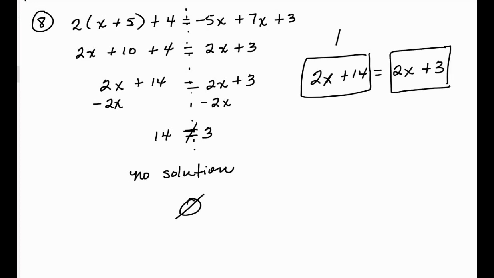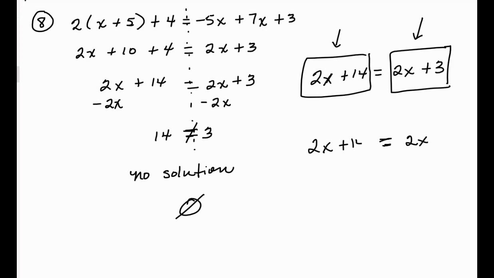On the left-hand side, this is saying I'm starting with 2x and I'm adding 14. And that's going to be equal to the same thing as starting with 2x and adding 3. Well, if you start with 2x on both sides of the equal sign, that means that these two things are obviously equal.